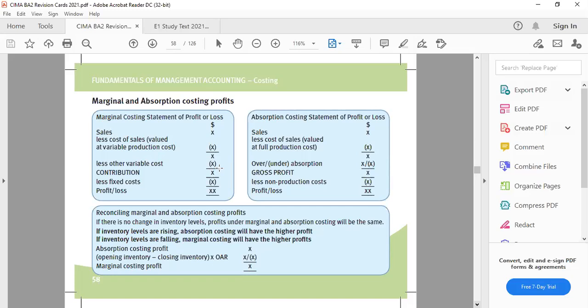Absorption costing is sales minus the cost of goods sold. Cost of goods sold is opening stock plus the production cost minus the closing stock.